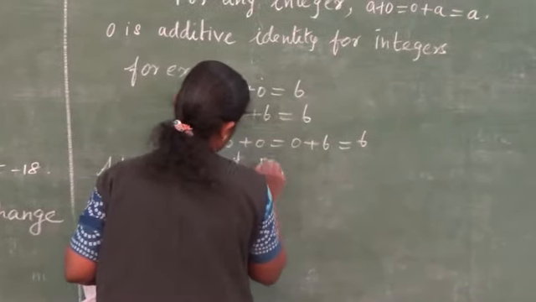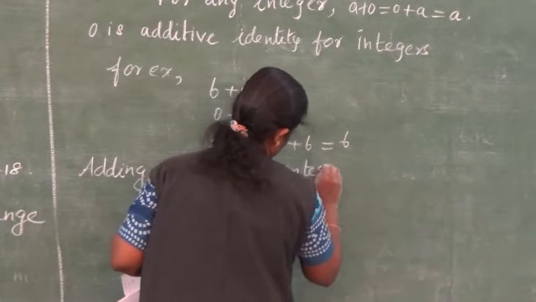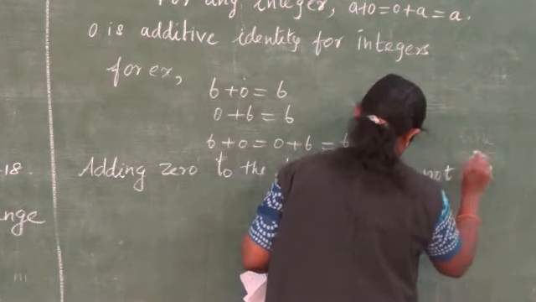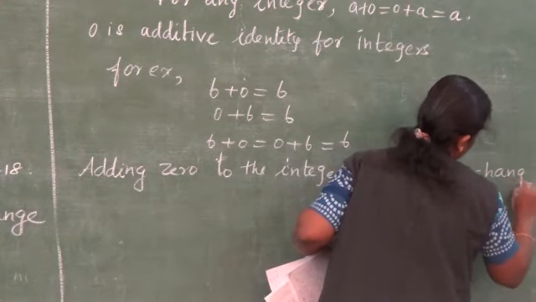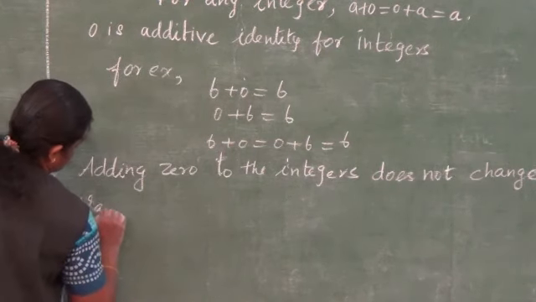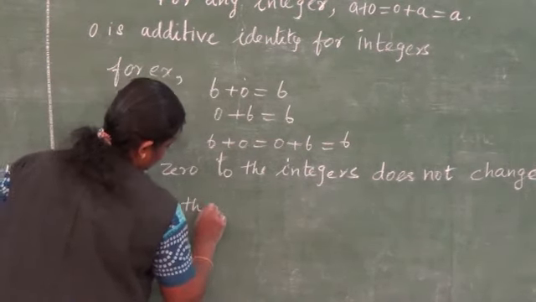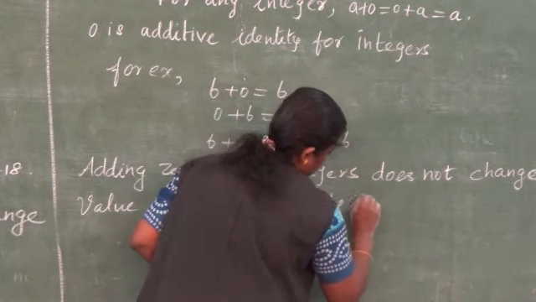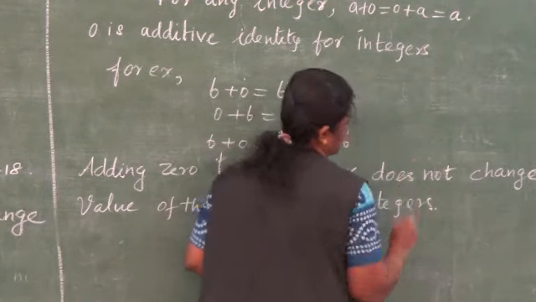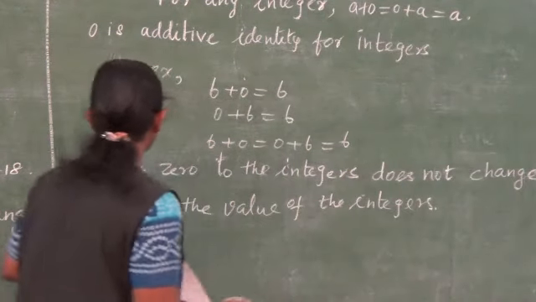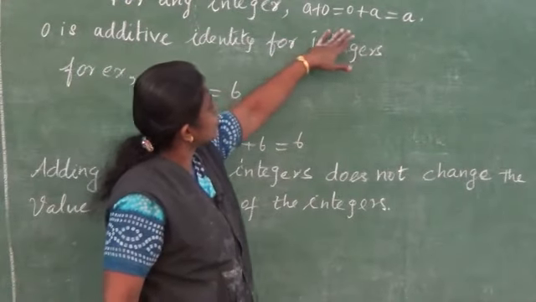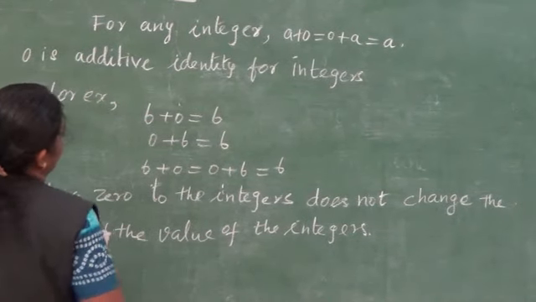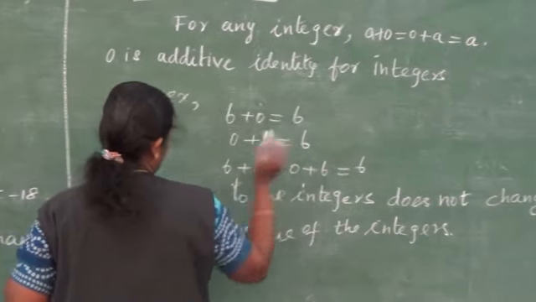For integers. For example, I am taking 6 plus 0 equal to 0 plus 6 equal to 6.